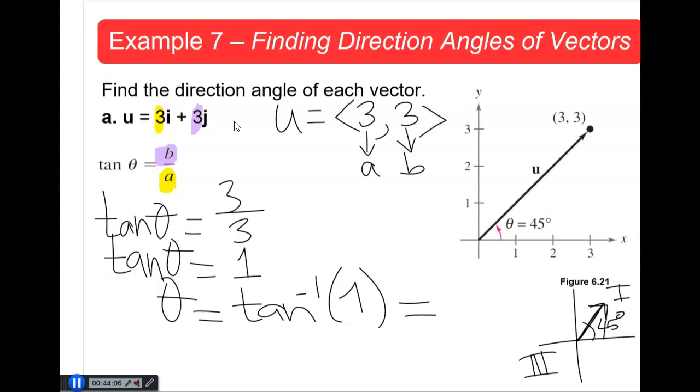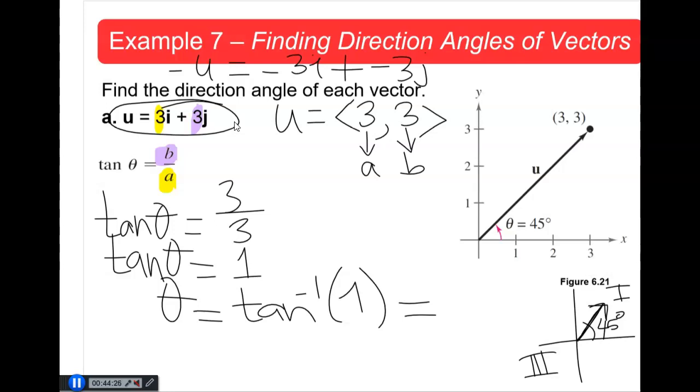So with that said, if we were to have, let's say, negative u, it will be something like negative 3i plus negative 3j. And so from there, the magnitude will still be the same, but it will have the opposite direction.